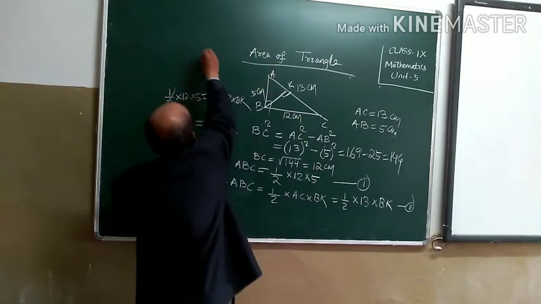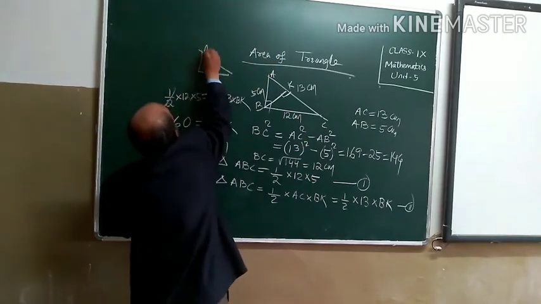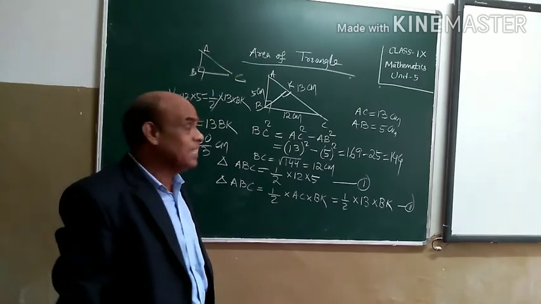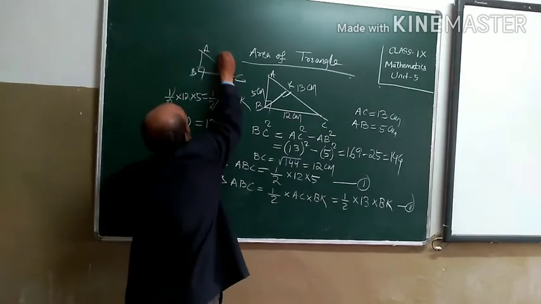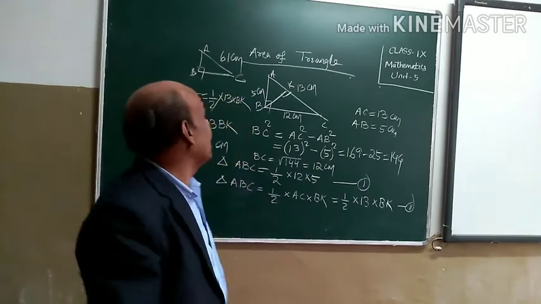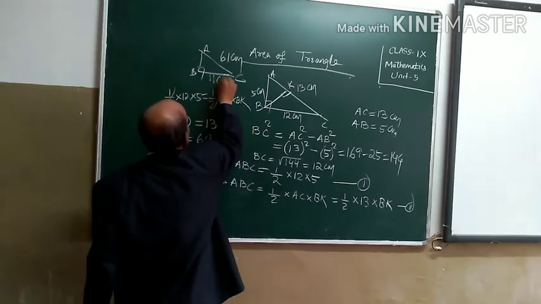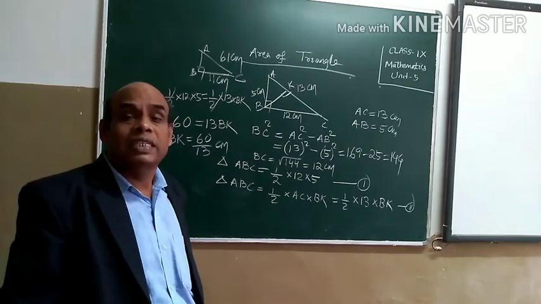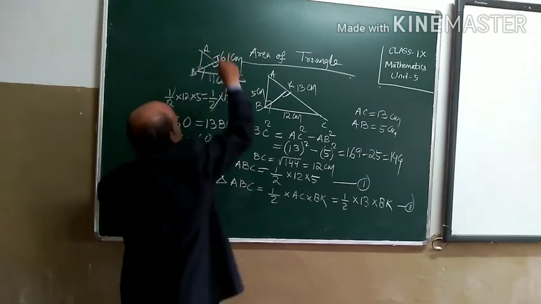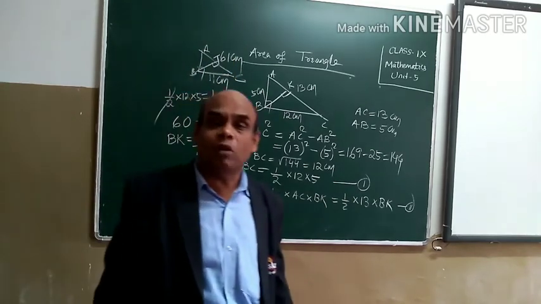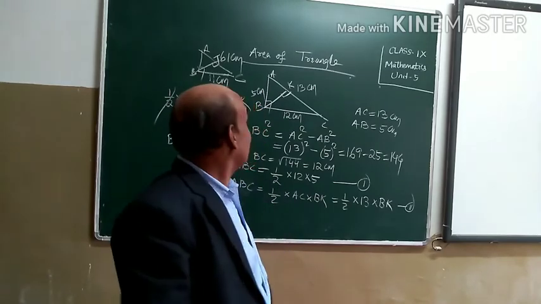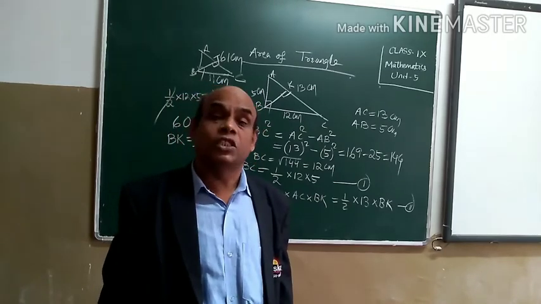In a right angle triangle ABC, where angle B is equal to 90 degree, AC is equal to 61 centimeter and BC is equal to 11 centimeter, and if BT is perpendicular to AC, find out the value of BT. So you have to work out this sum. That is the one task for you.